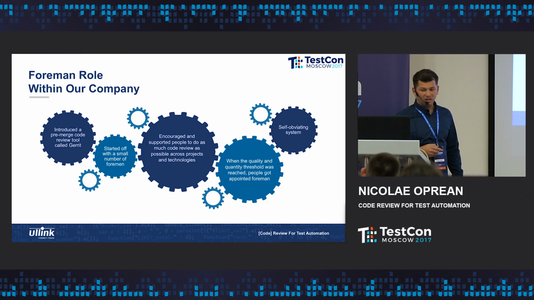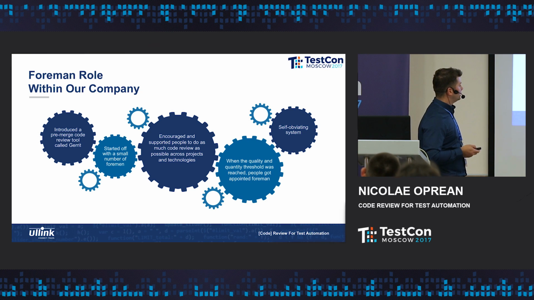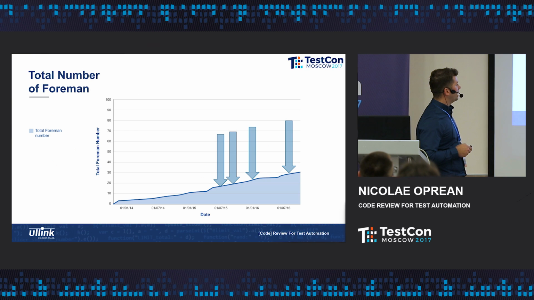Let me show you how the number of foremen varied over time in my company. We started about 2.5 years back, and as you can see, the increase in the number of foremen is quite slow. What you see here with the arrow is the first QA that became a foreman.